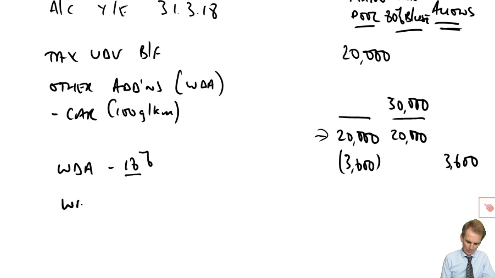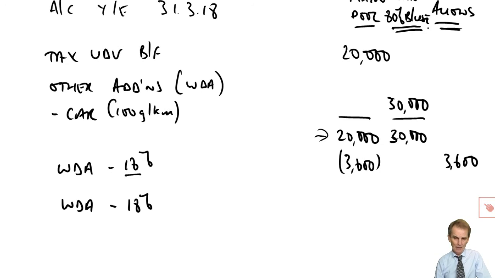We then have the WDA available in relation to the car. It was 100 grams per kilometre, and on that basis, what do we get? We get an 18% writing down allowance, and that is on the £30,000. Now then, you know that there's only 80% business use, so we're going to restrict the allowances that are claimed. But here is an important issue to look at.